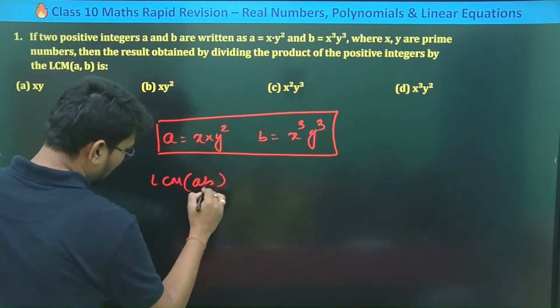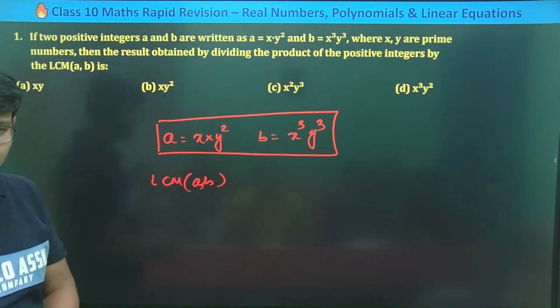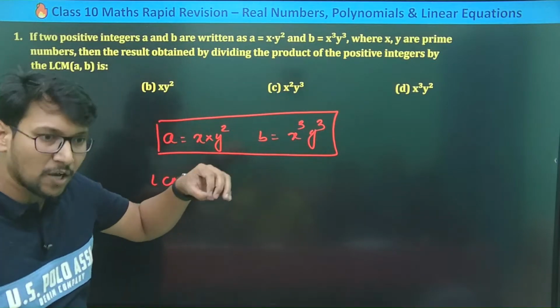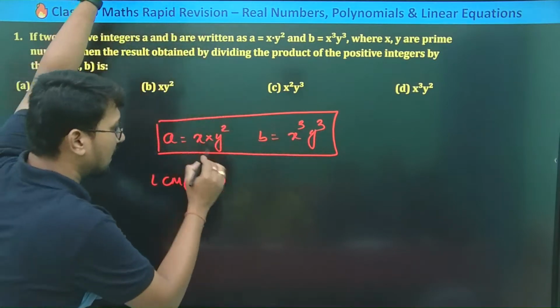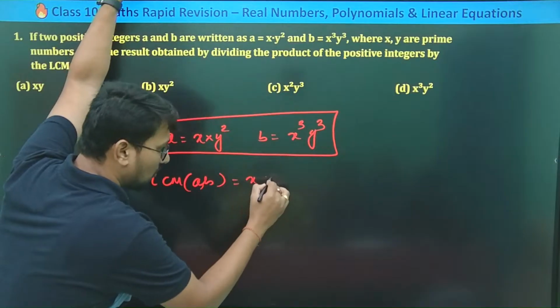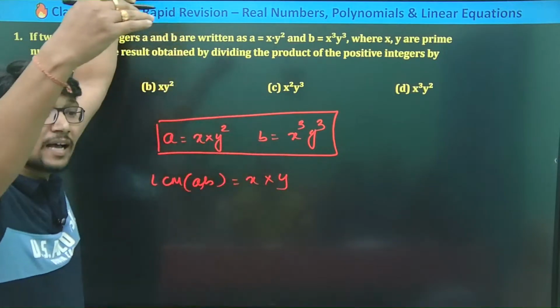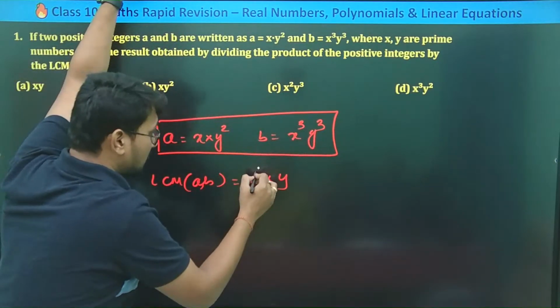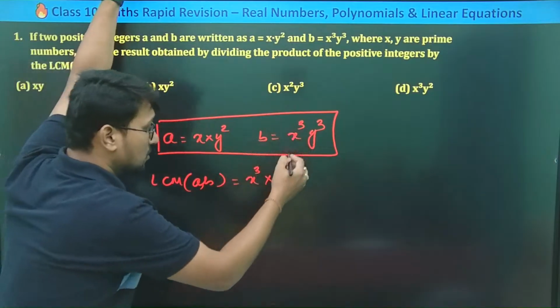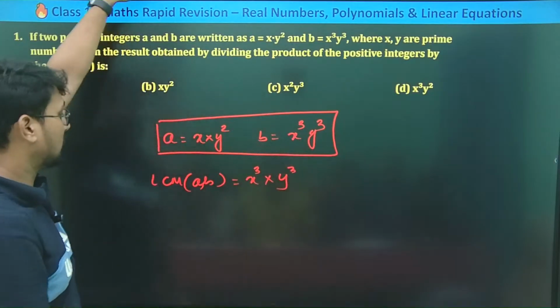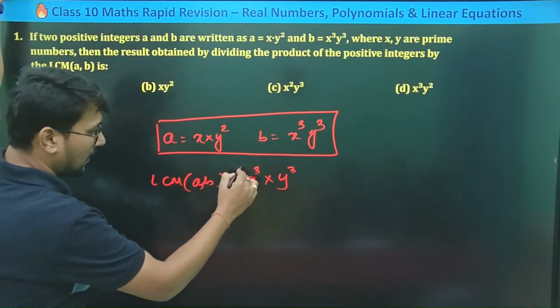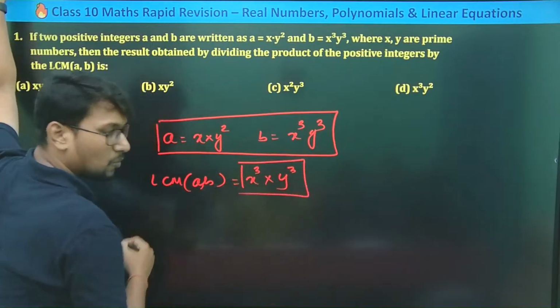LCM is the product of all primes having highest power. X's highest power is 3, and Y's highest power is 3. So the LCM of A and B is X cube into Y cube.